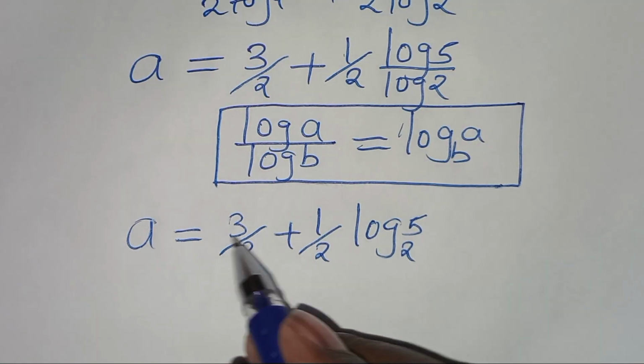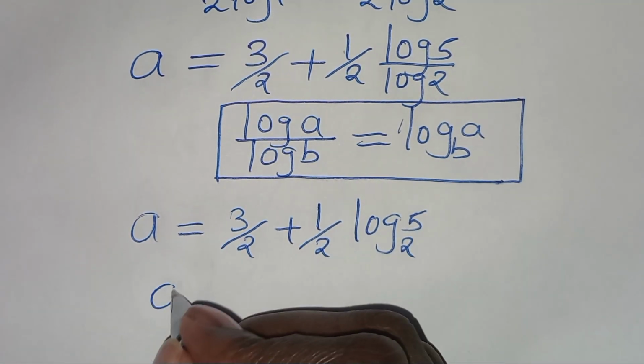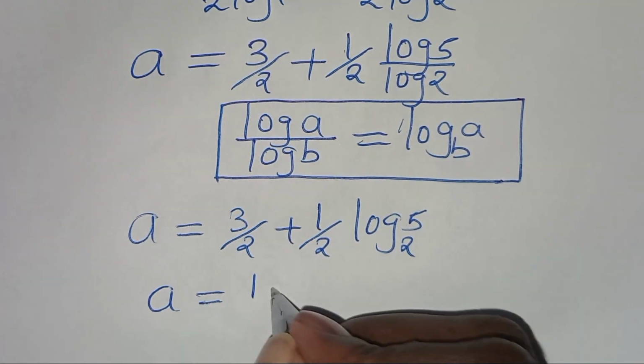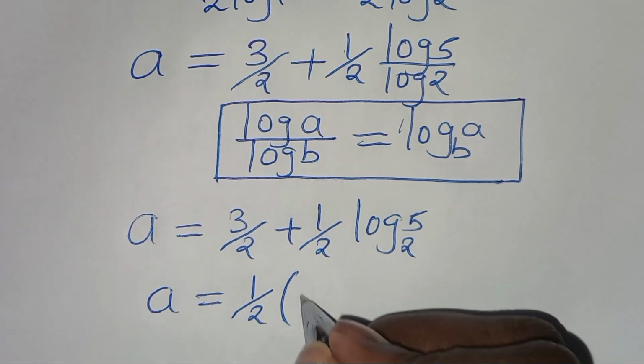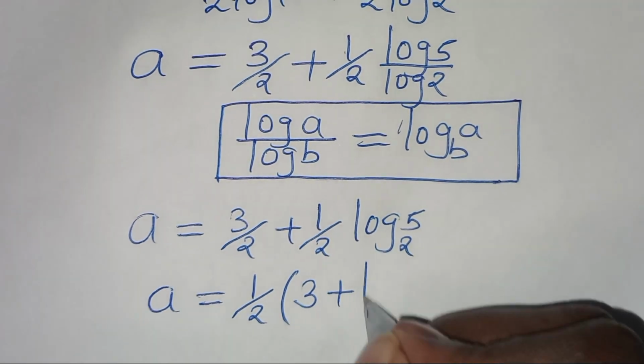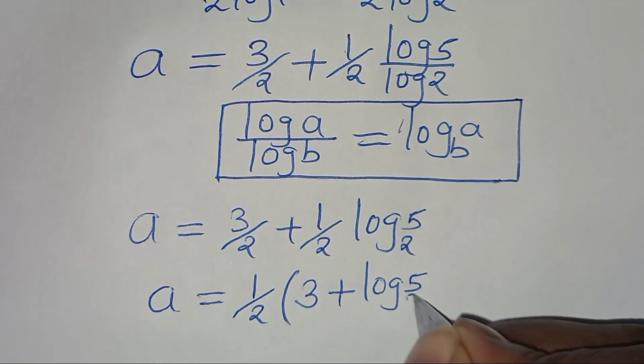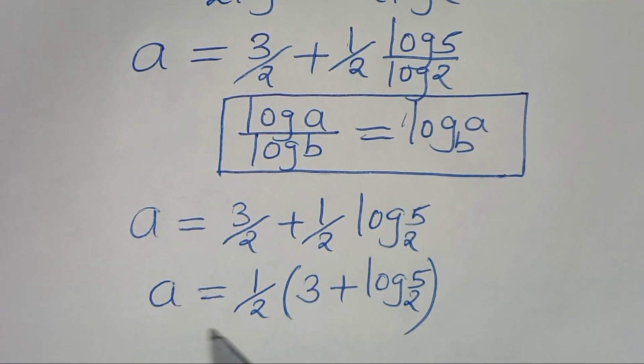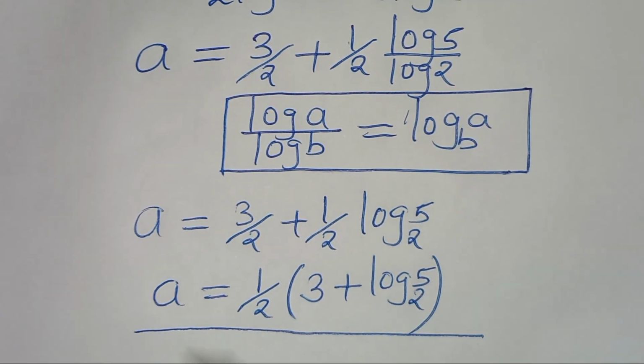Now, given that a half is common here, we can factor out half so that we have half in the parentheses, this is 3 plus log 5 to base 2, close the parentheses, and this is the value of a.